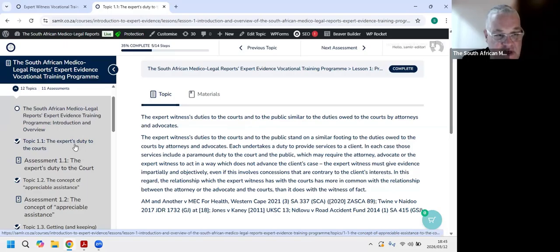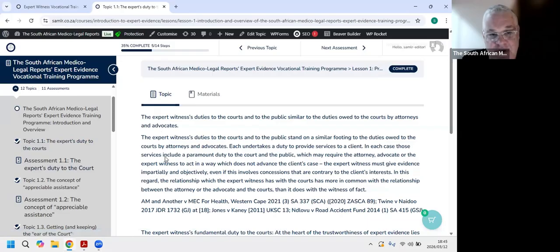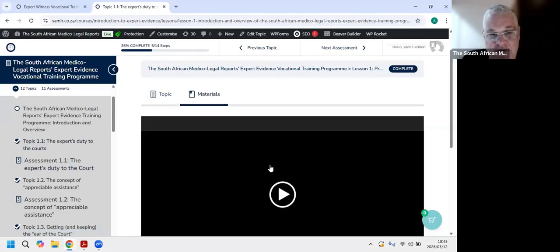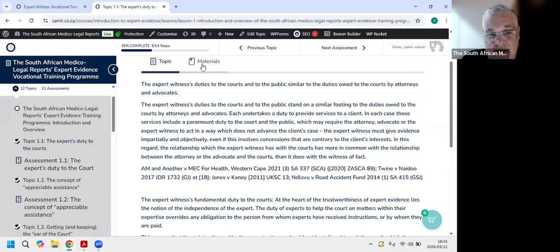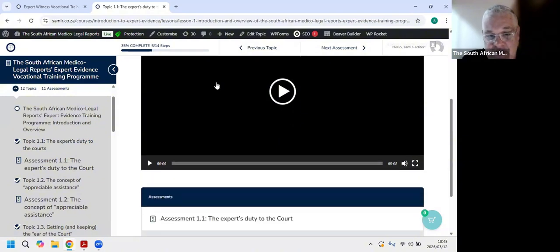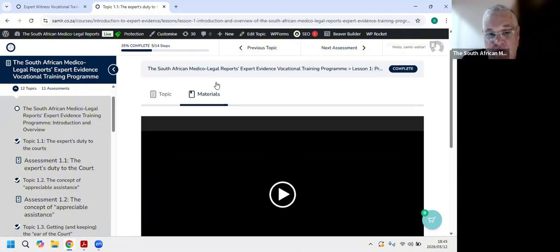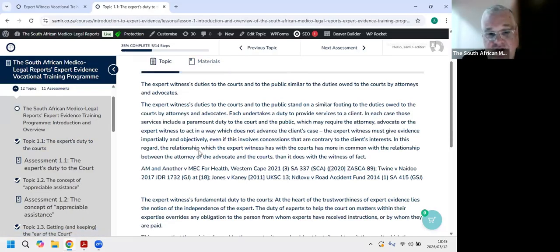You'll see that there's the topic and there's the assessment. We're on the topic. The topic will have written content, and if you go to materials, there's a video which will then explain the written content. It's not just regurgitating, it's to contextualize the written content. And there will also be a reference to the expert witness guide, which is the textbook that accompanies the course.